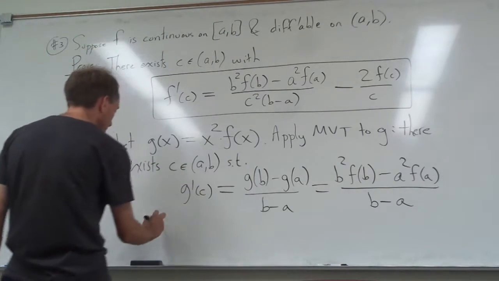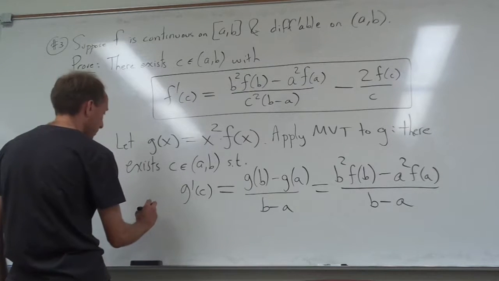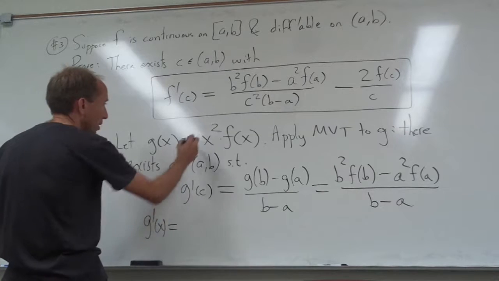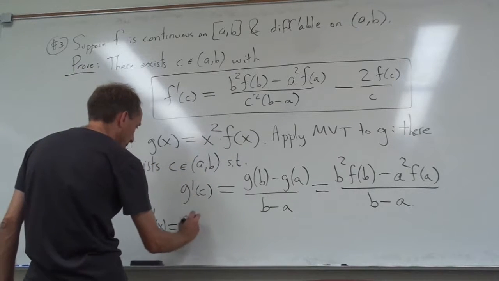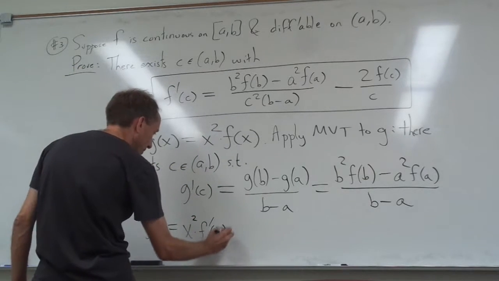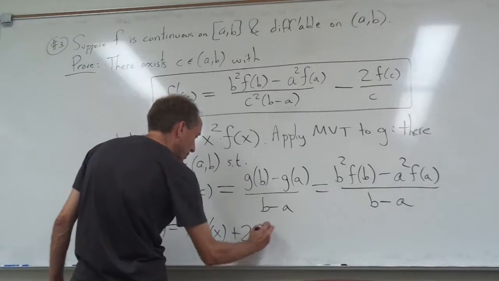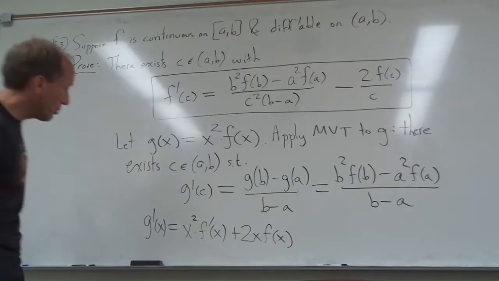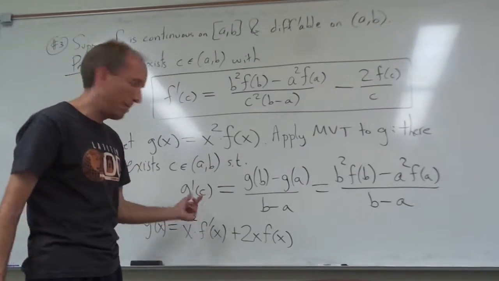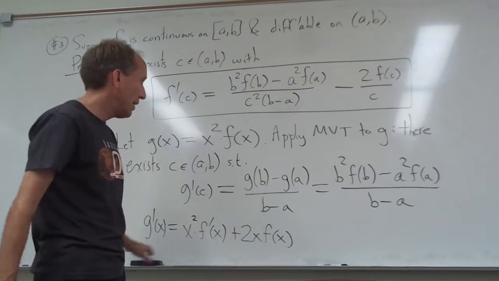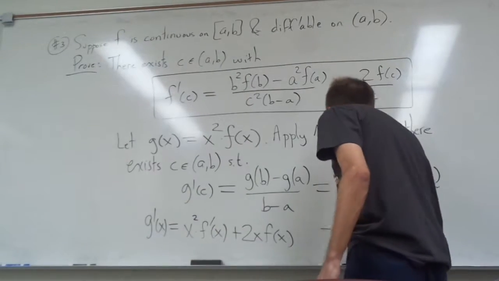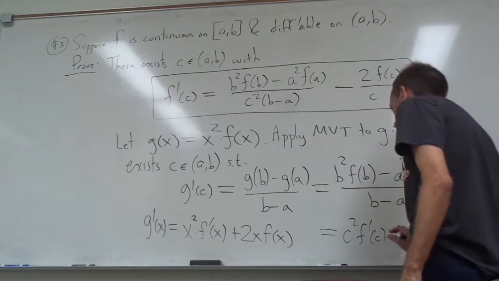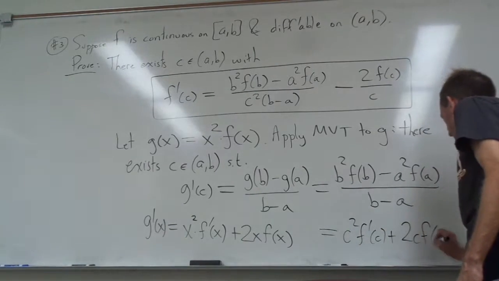So if I take the derivative of g, by the product rule I'm going to get x squared times f prime of x plus 2x times f of x. And so we can plug c into that, so in other words this is going to equal c squared f prime of c plus 2c f of c.